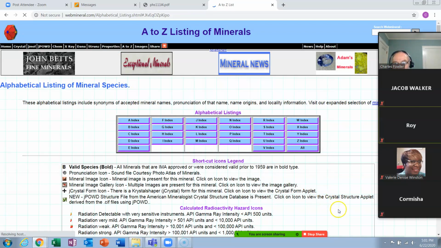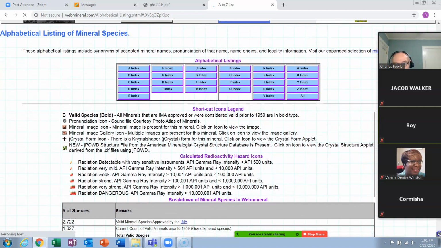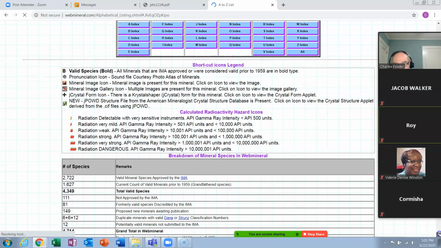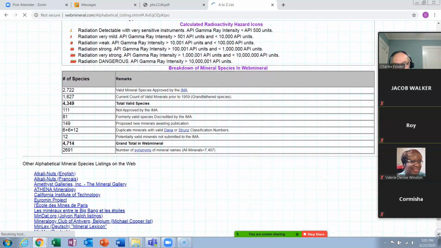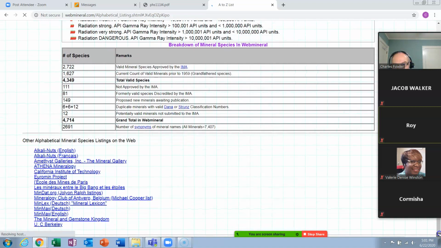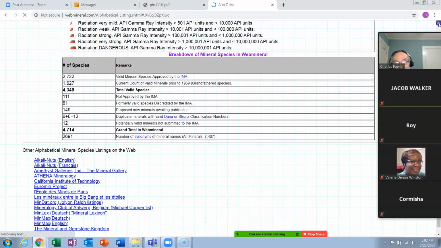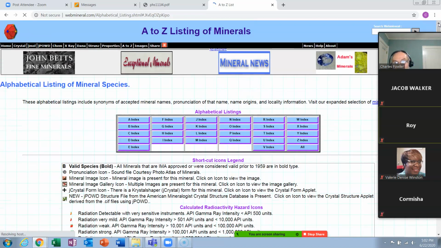Now, right now, it's looking like it didn't pay any attention to what I was asking it to do, like find calcite. So I think what I have to do is go to the C index here for calcite.